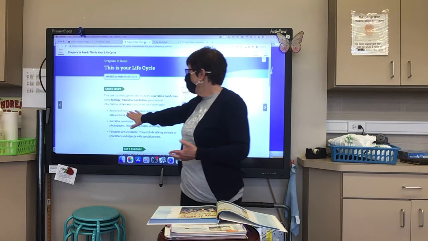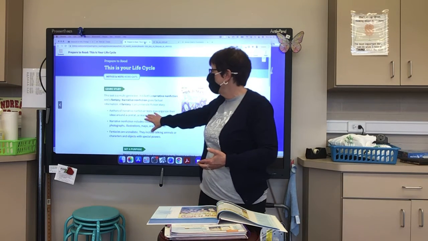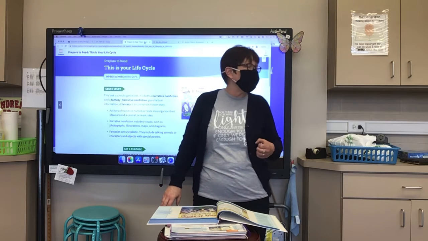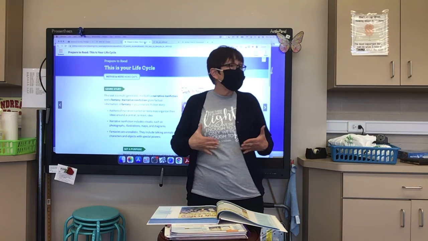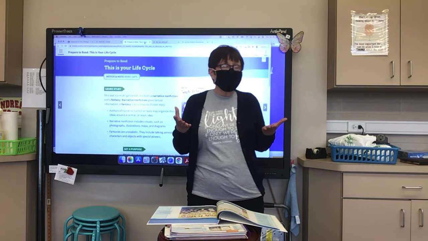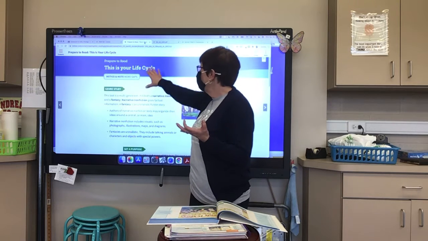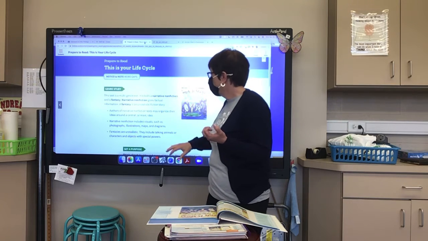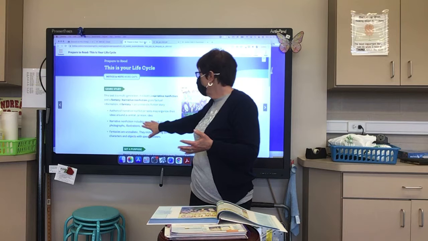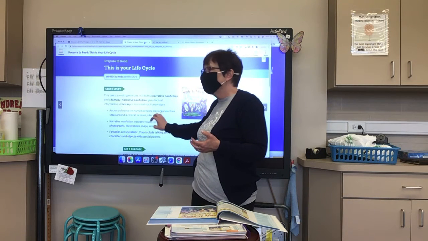Authors of narrative nonfiction texts may organize their ideas around a central or main idea. So there is going to be a central or main idea in our story, and we can maybe figure out what we think could be the main idea based on our title. Narrative nonfiction includes visuals such as photographs, illustrations, maps, and diagrams.